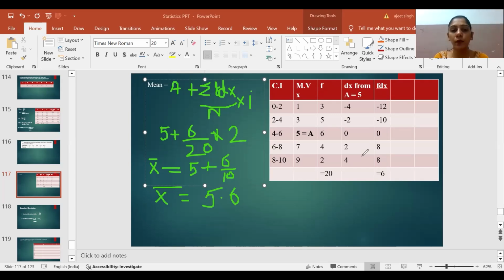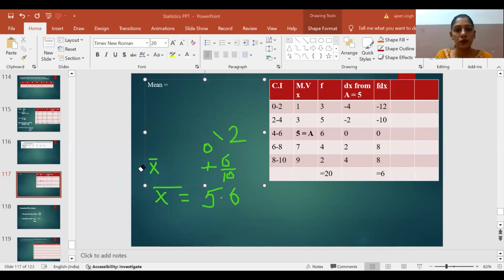Now with the help of this mean, we will calculate mean deviation. So the value of mean is 5.6.